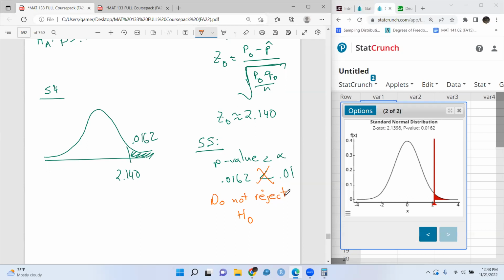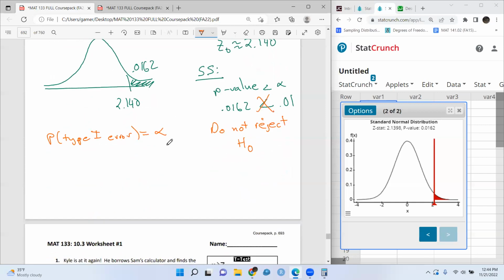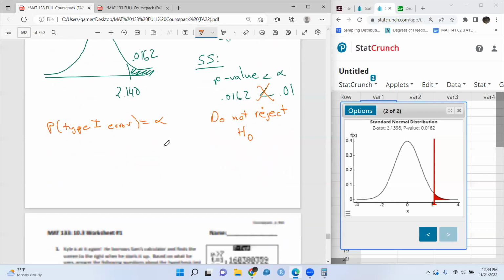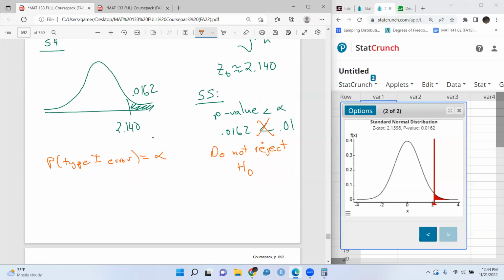So we're more likely to make a type 2 error with this higher alpha than a type 1 error, right? Remember, that's exactly what alpha is. It's the probability of a type 1 error. Probability of type 1 error is equal to alpha. And so we've picked this to be a really small chance of making a type 1, which ups our chance of making a type 2. Remember that inverse relationship between alpha and beta, or the probability of making type 1 versus probability of making type 2.